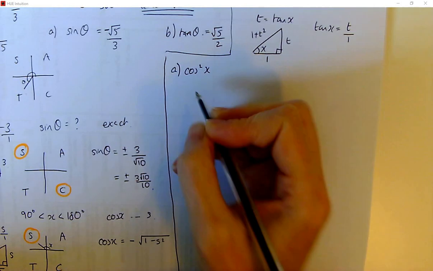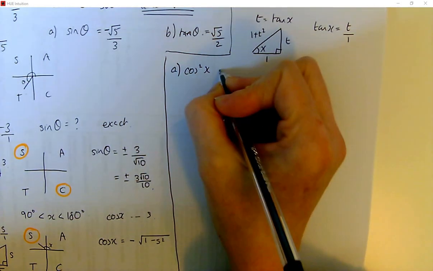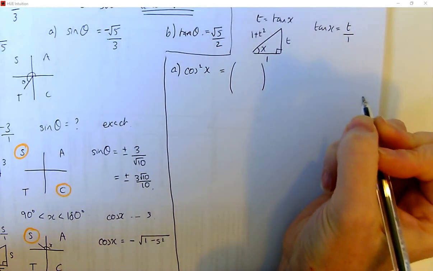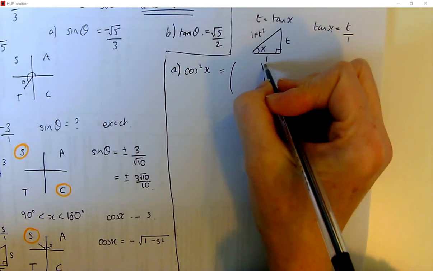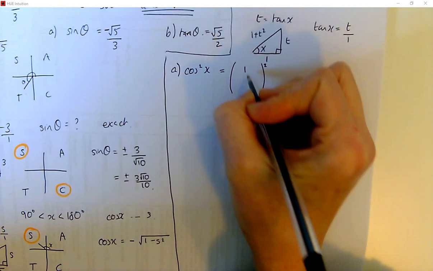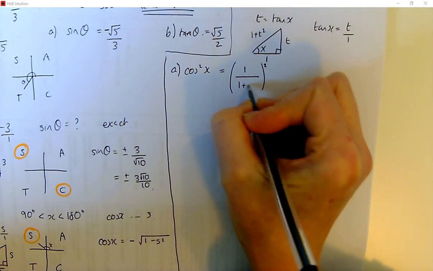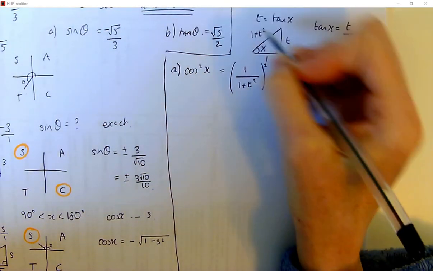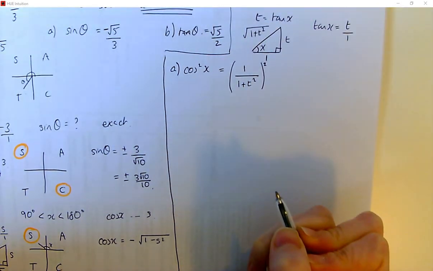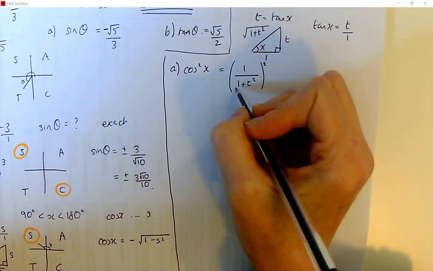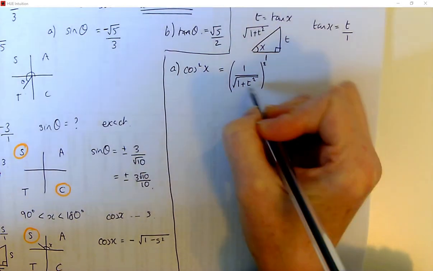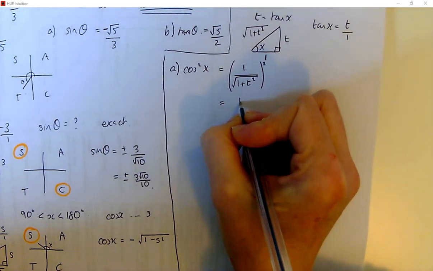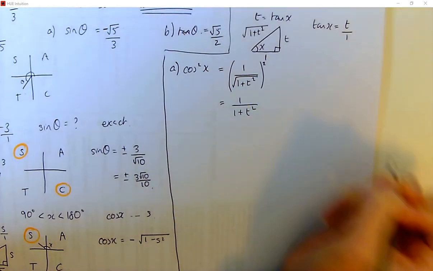So if we want cos squared, which is adjacent over hypotenuse, so 1 over 1 plus t squared, oh sorry, I've just realised for the hypotenuse you'd have to square root your answer, wouldn't you? There we go. So this is 1 over the square root of 1 plus t squared, adjacent over hypotenuse, and then we square the whole thing, which gives us 1 over 1 plus t squared.